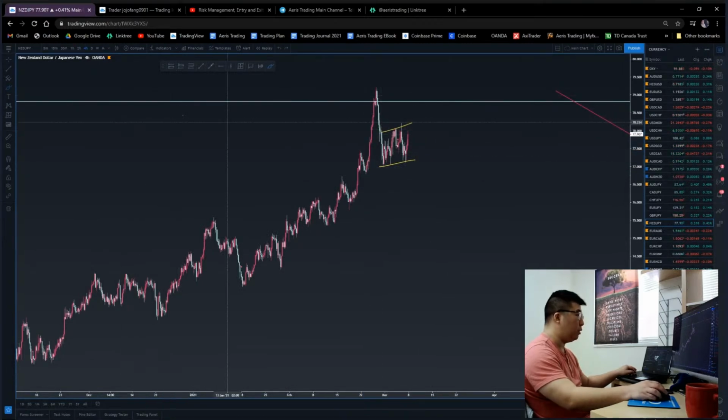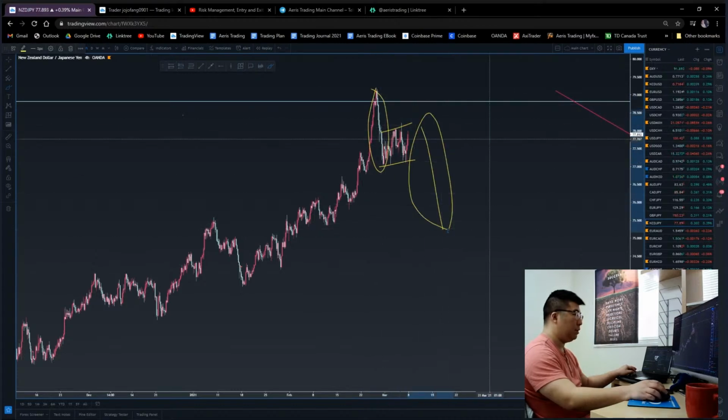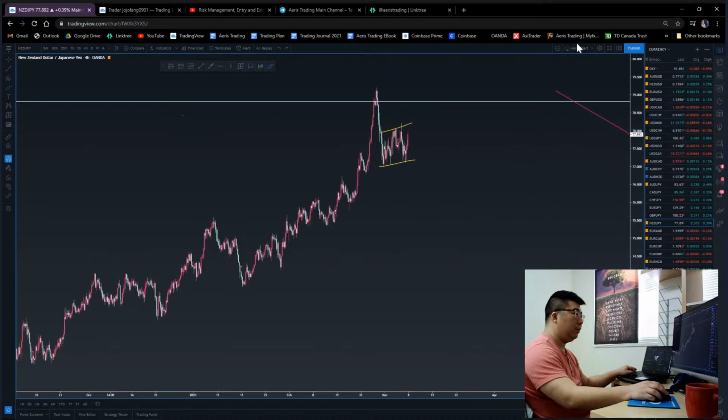This is what I always tell my followers. Look for continuation here, what's going to give you a better sell setup to push to the low. This correction is the key here, to prove that this impulse move is going to be followed by the next impulsive phase. Okay, so that is Kiwi yen.